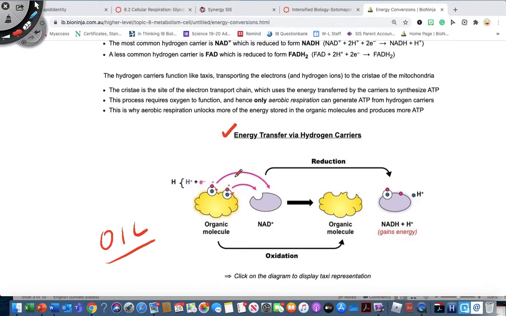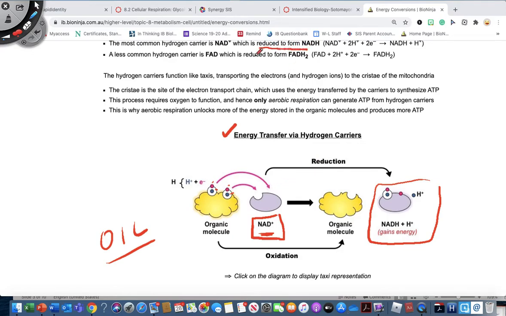So then these hydrogen ions and these electrons get picked up by the carrier molecule. And here's where we see NAD+. That's a carrier molecule. So NAD+ is able to, as you can see here, carry the hydrogen ions and the electrons. So when NAD+ picks up those hydrogen ions and electrons, we say that NAD+ becomes reduced, right?